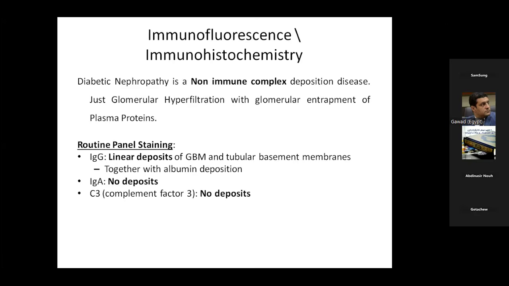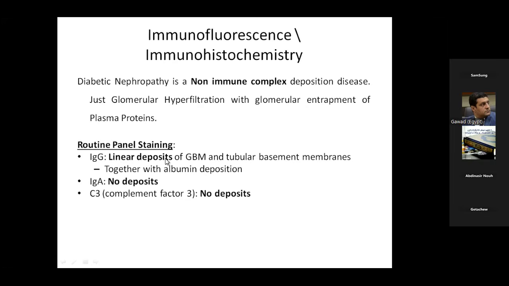The main pathogenesis of diabetic nephrosclerosis is the glomerular hyperfiltration. The glomeruli are overloaded. So with the blood hyperfiltration, the glomeruli have an entrapment of plasma proteins, and immunoglobulins are part of these plasma proteins, so they may be deposited along the glomerular and tubular basement membrane and cause linear deposition.